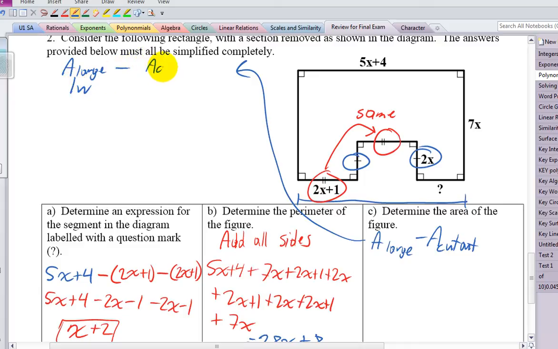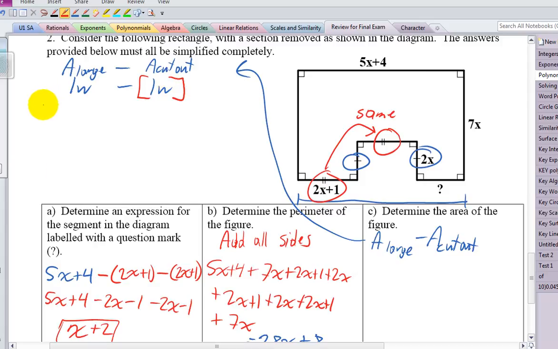Area of the cutout is still a rectangle, so it's length times width. However, you got to be careful. You should put brackets around the cutout because you need to subtract the entire cutout shape. Not just the x's or the x squareds, but the entire shape.